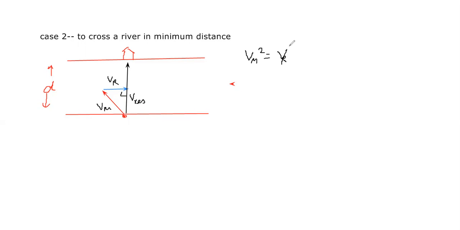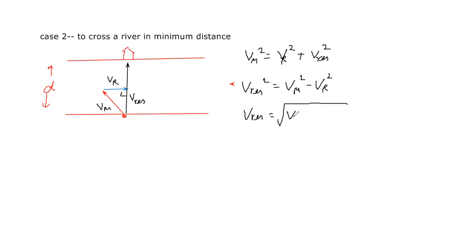So Vm square equals Vr square plus V resultant square. Now V resultant square equals Vm square minus Vr square, so V resultant equals the square root of Vm square minus Vr square.